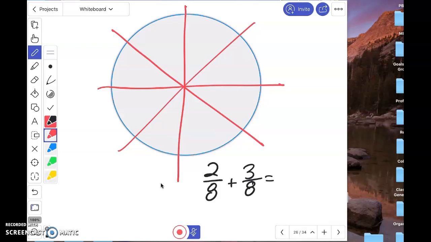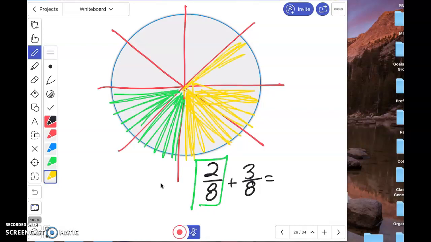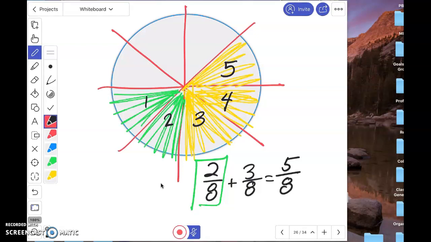Let's say that Mr. Shock ate 2/8, and Carson and I shared 3/8. Now we have eaten an entire 1, 2, 3, 4, 5 out of 8 pieces of the original cake.